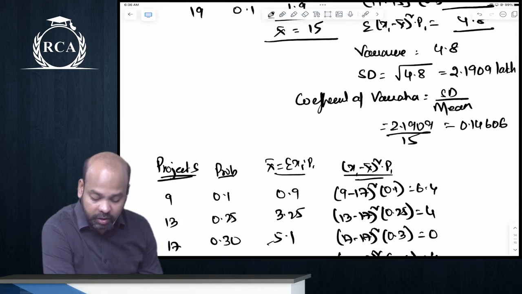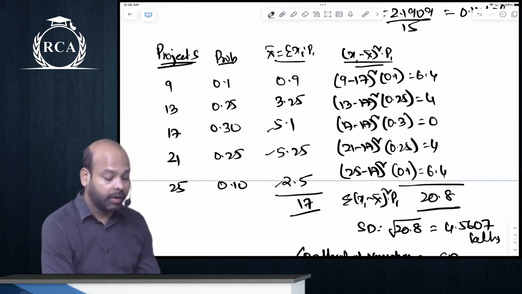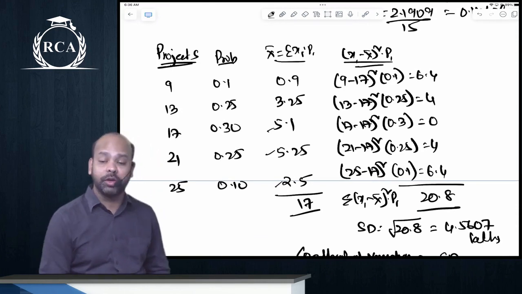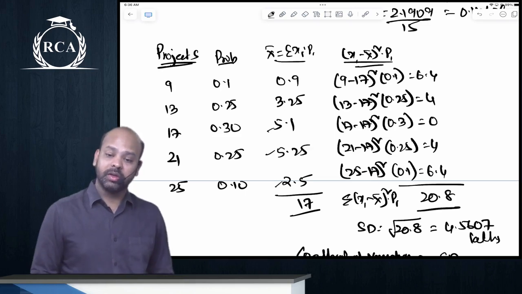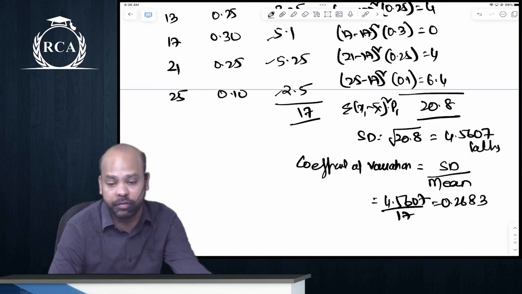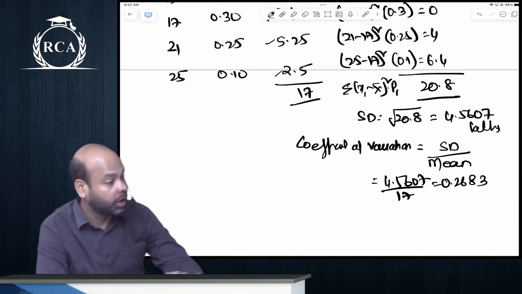If you look at both the relative measure of risk and the absolute measure of risk, both of them are less for project K. Whenever they ask which of the two projects is riskier, the decision should be based on coefficient of variation, not standard deviation. You should always compare the relative measure of risk and not the absolute measure of risk. Are we clear? This completes the computation.